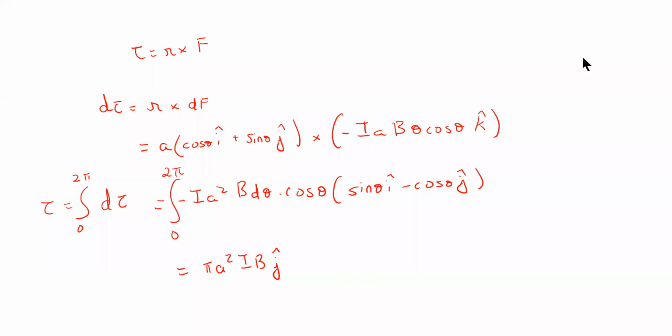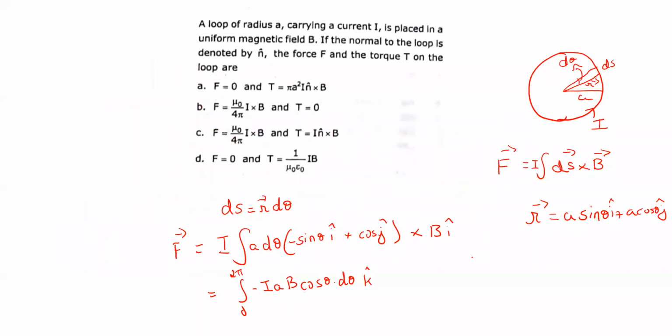So now this can be equivalently written as pi a square I. This j vector I can now write as a cross product with the n cap vector. n cap was defined as the normal to the loop.